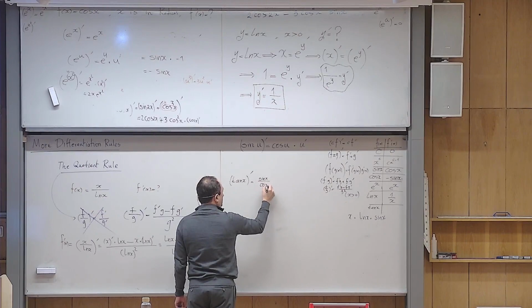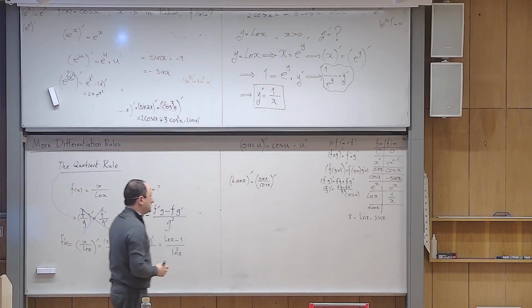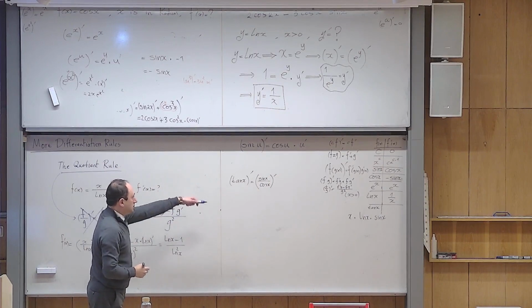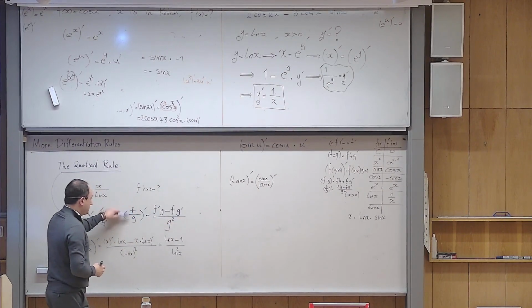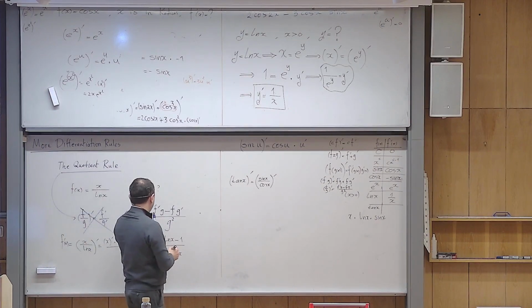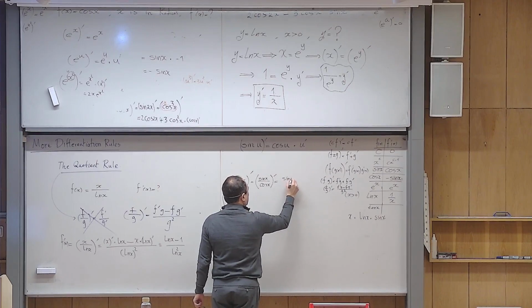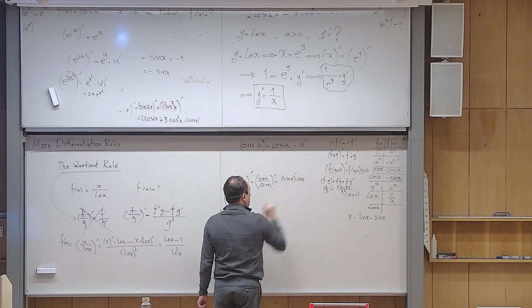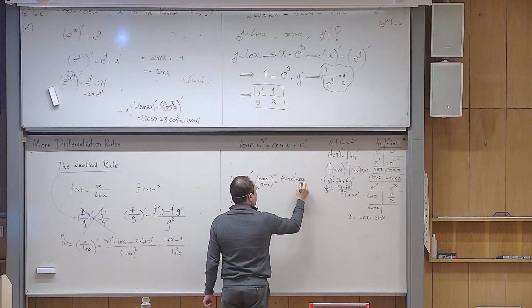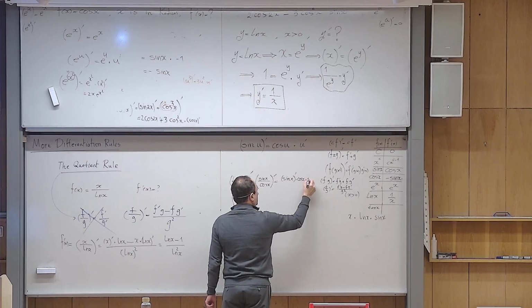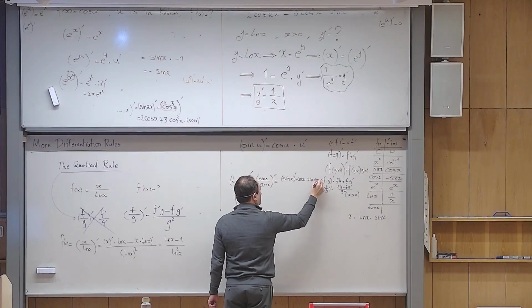This is the definition of tangent, and I then take the derivative. But this is a fraction, and I learned just right now how to differentiate a fraction. So this becomes the derivative of the numerator multiplied by the denominator, minus the numerator multiplied by the derivative of the denominator.